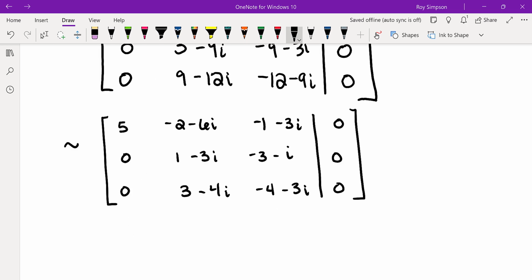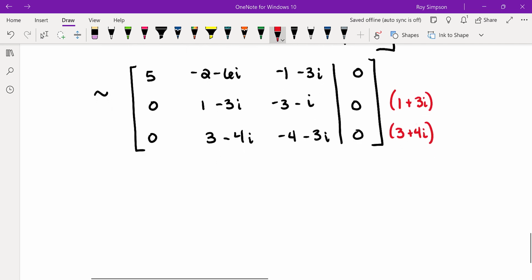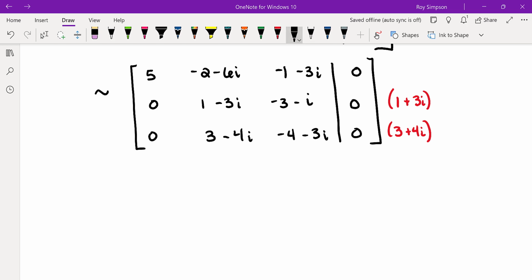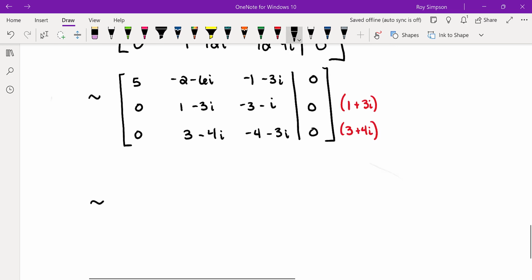All right, now I'm going to do the same thing I've been doing. These lead entries, both of them, I'm going to multiply each row by the conjugate of those entries. Again, lots of room for arithmetic mistakes. The reason I'm doing this is, trust me, it's much easier this way.